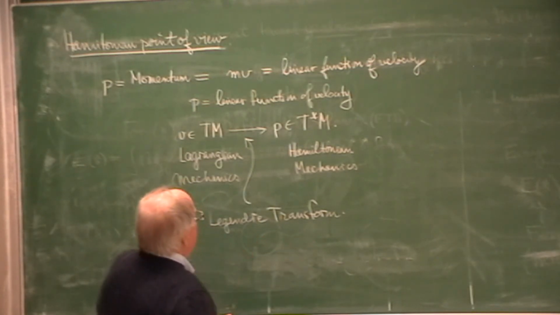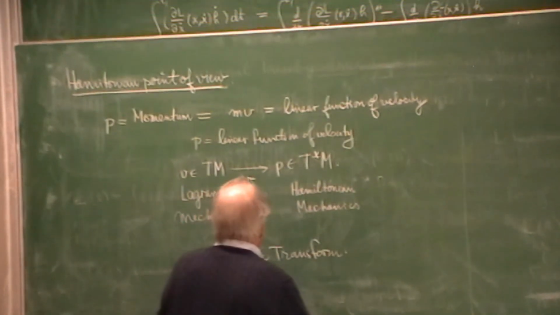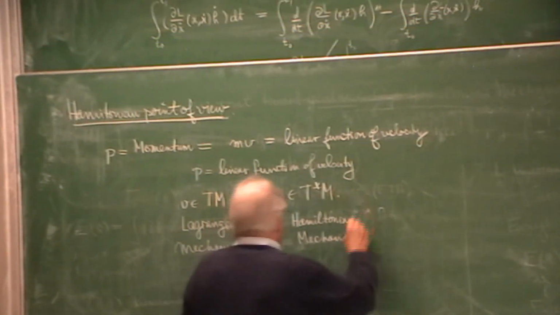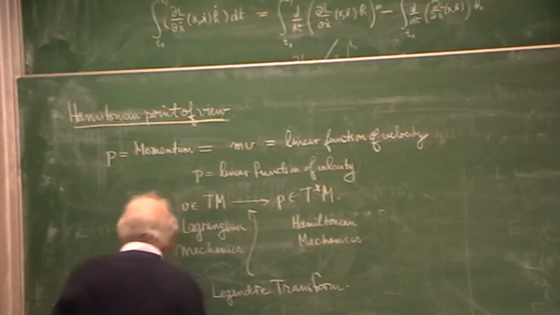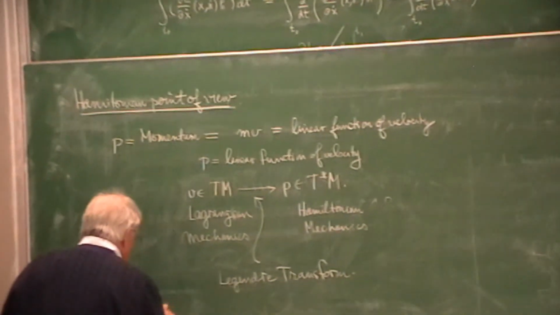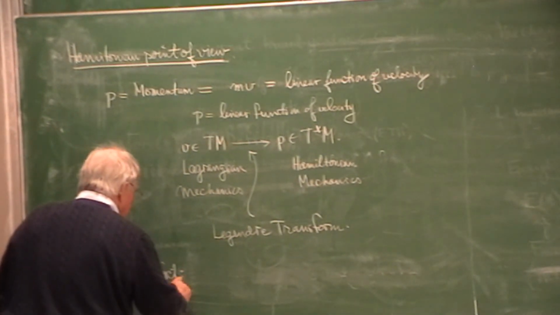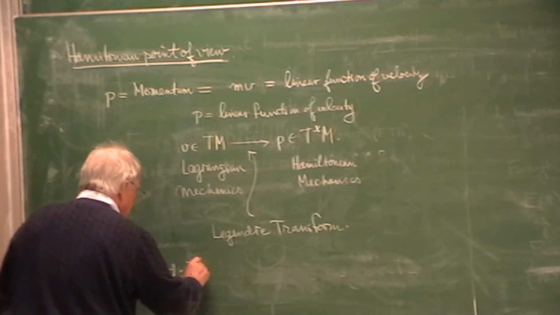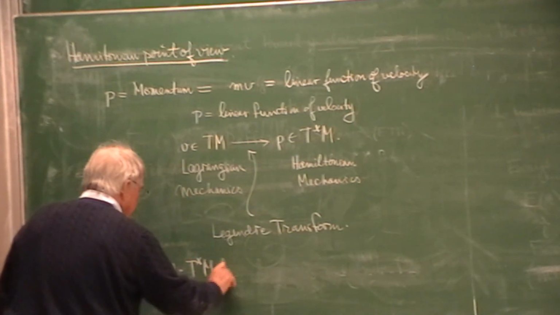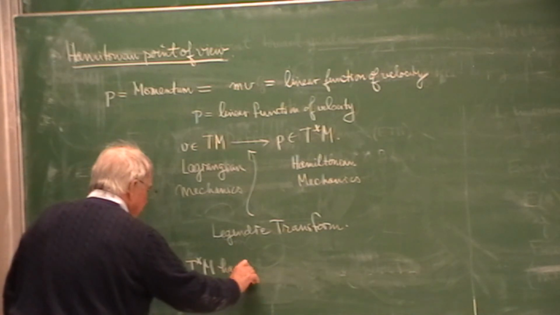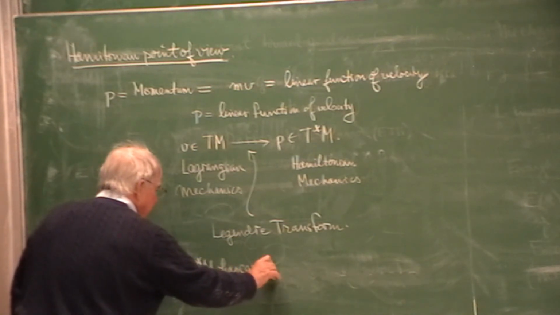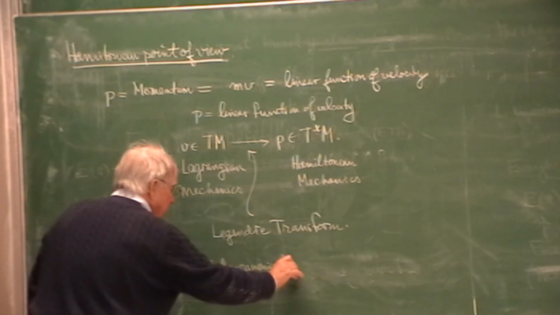And then we will see that the key fact that we will use is that the cotangent bundle has a canonical symplectic structure.